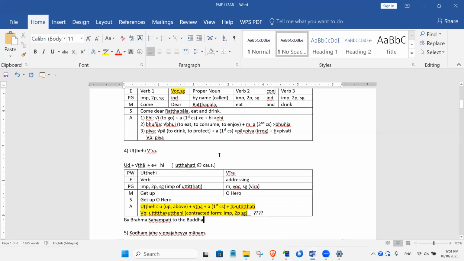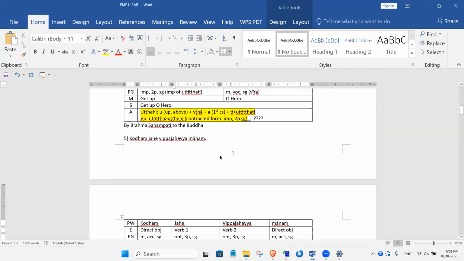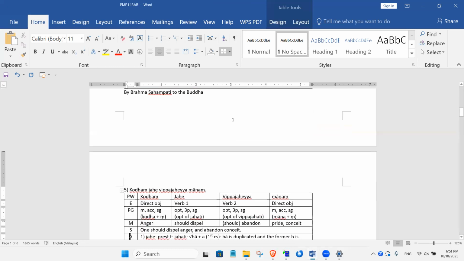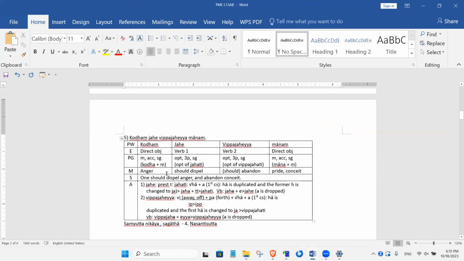Actually, from this lesson 13, there's a lot of Tipitaka, right? Even like this one. This one also from the Samyutta Nikaya, Kodhanasanti Sutta, right? One should abandon anger and abandon conceit. Saji, yes.